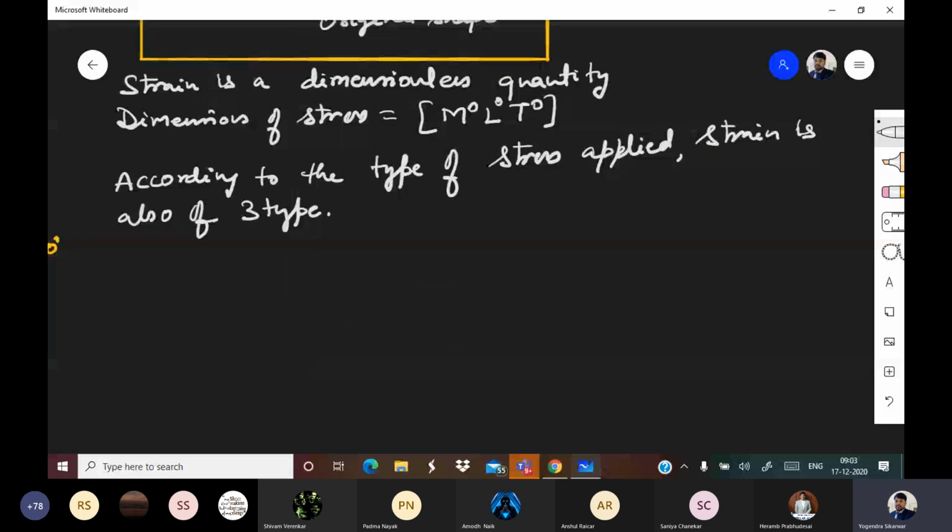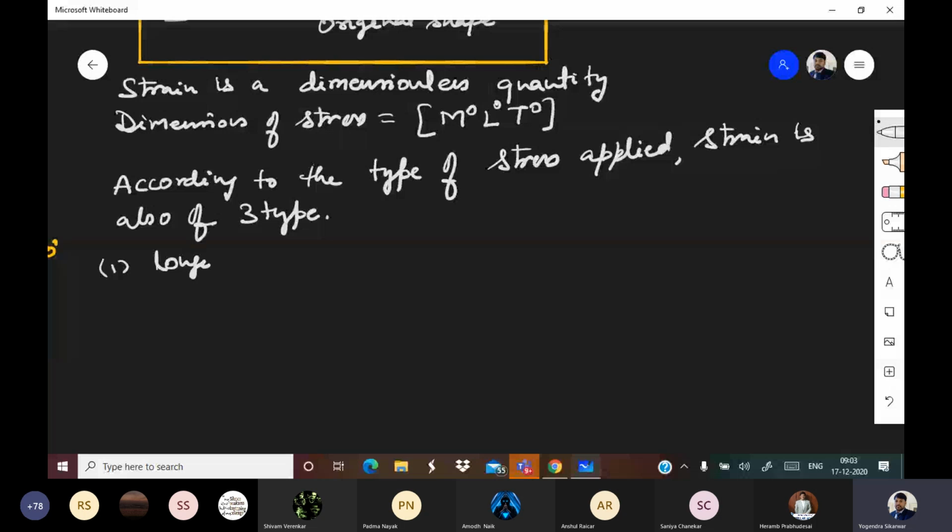Which three types? Obviously, number one, longitudinal strain. Number two, shear strain.